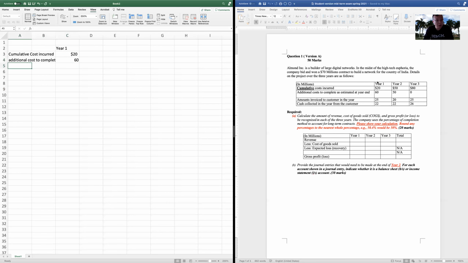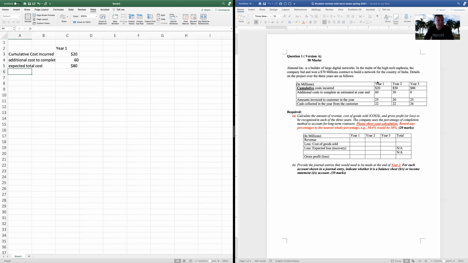So the total expected cost is the cumulative, C3 plus C4, so it will be 80.